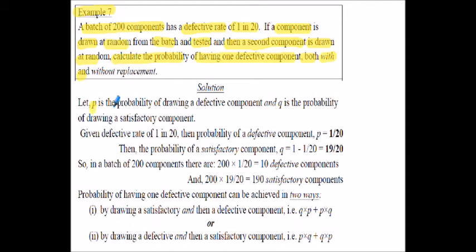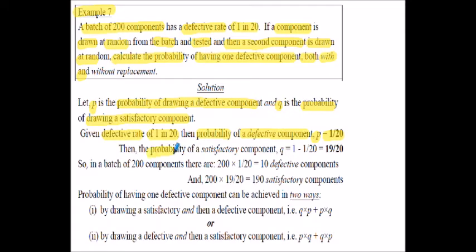So letting P be the probability of drawing a defective component, and Q the probability of drawing a satisfactory component. Given the defective rate of 1 in 20, then the probability of a defective component P is 1 divided by 20.